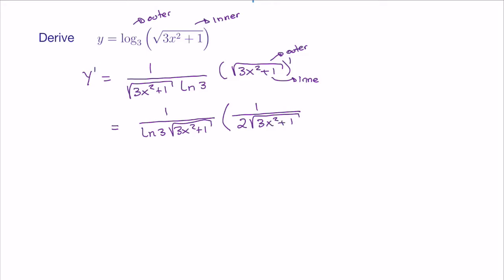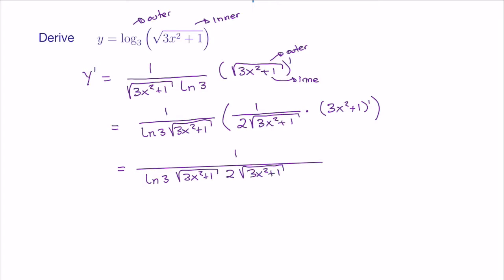And then we multiply by the derivative of the inner function, which is 3x squared plus 1. And so we get 1 over ln 3 root 3x squared plus 1 times 2 times root 3x squared plus 1 times the derivative of 3x squared plus 1, which is 6x.